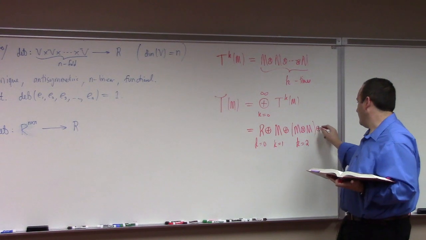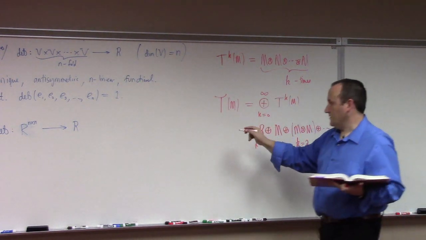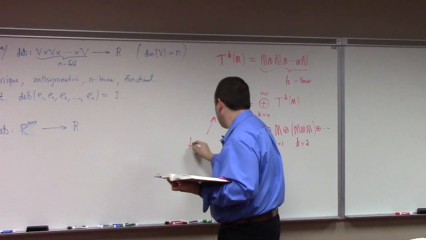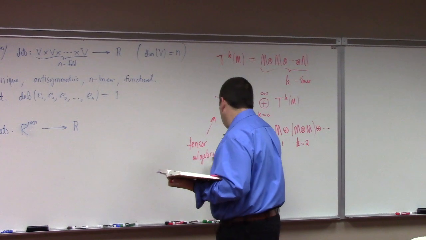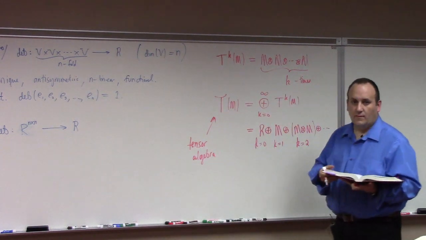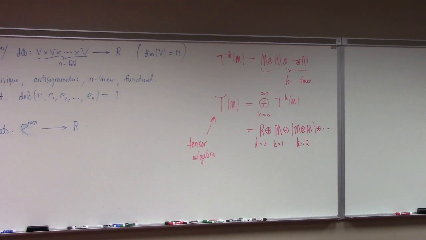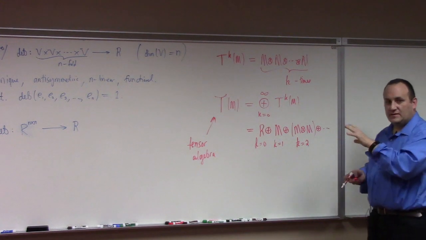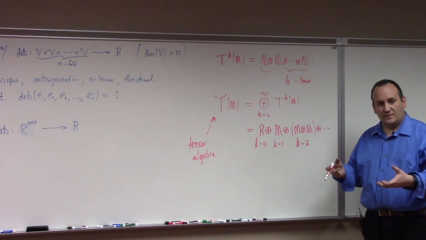So in this so-called tensor algebra, which is an R algebra, in the sense which is defined earlier in chapter 10, you could take those tensors we were talking about earlier and multiply them together.